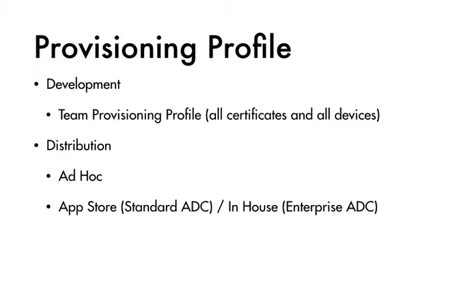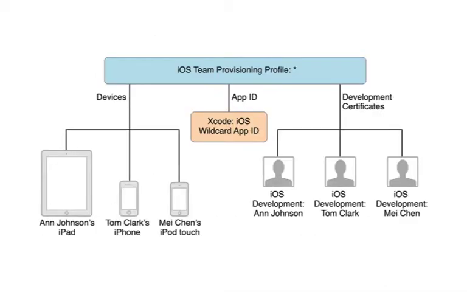Okay. For the ad hoc provisioning profile, it uses the distribution cert, which is the same as the App Store cert. So basically, you can use the ad hoc profile to test the App Store build.